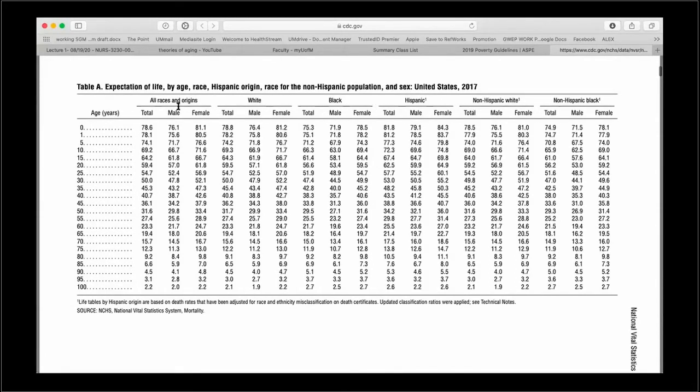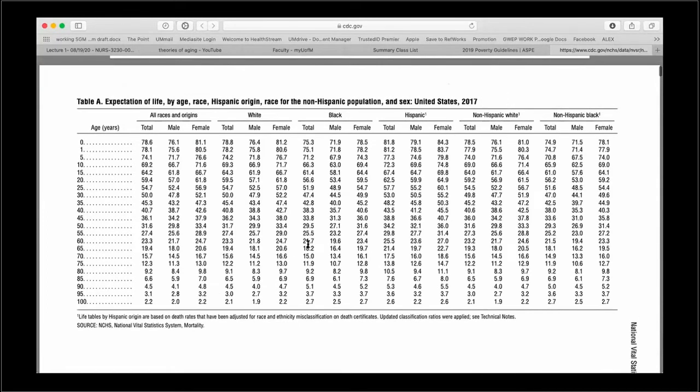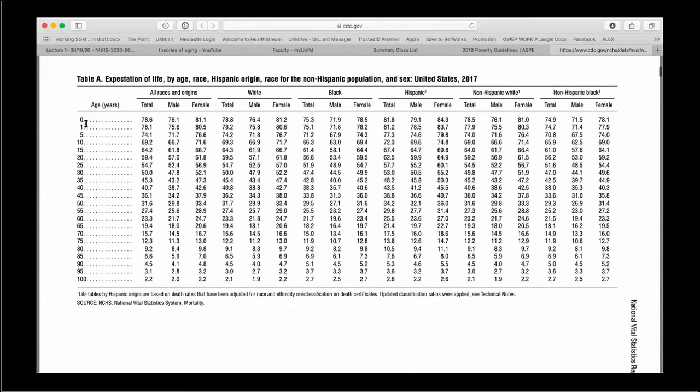You could go through and take a look and say, when this was published, 2017, a few years ago, that a person at age 0, so at birth, you could see what the life expectancy was for that person. So overall, in the United States in 2017, if a person was born in 2017, if it was a male, he was projected to live until about 76. Female, around 81. That's overall though.